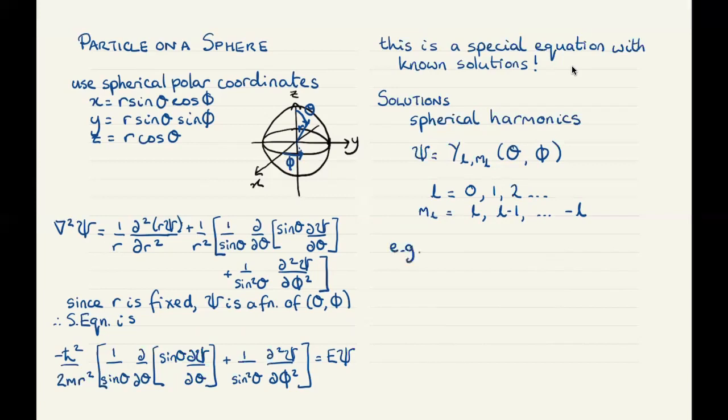An example: the spherical harmonic with L equal to 0 and M sub L equal to 0 is a constant equal to 1 over 2 root pi. The spherical harmonic with L equal to 1 and M sub L equal to 0 is a half root 3 over pi cosine theta. And we won't write them all out. One can, as I said, look these up.